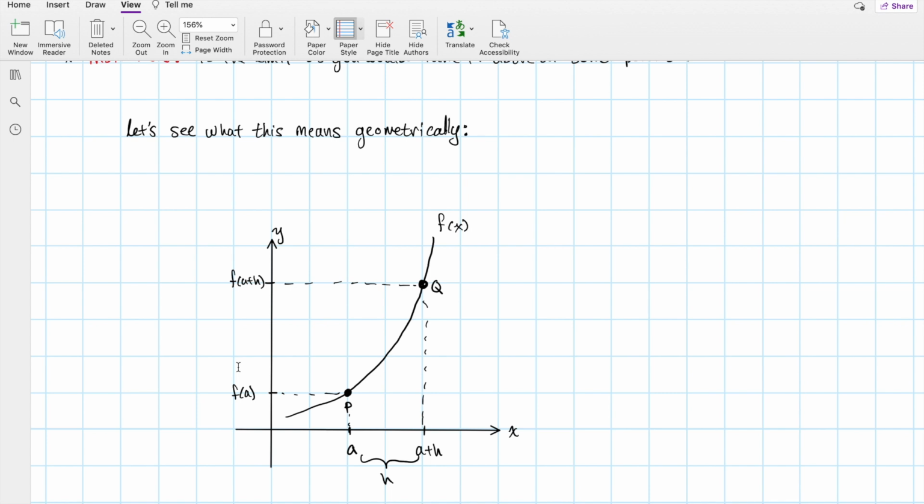So let's see what this looks like now. We have a secant line that we can draw through the points P to Q, like so. Recall that a secant line passes the function at 2 points.